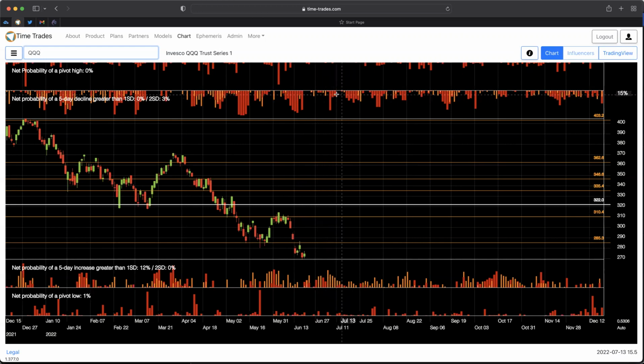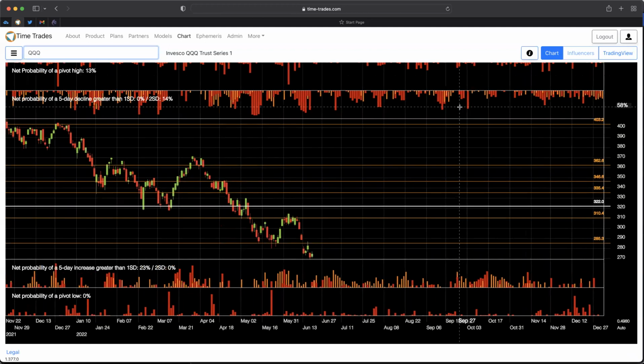So we can kind of see the waves of selling with these new, more detailed forecasts that are coming in, and we can see this cluster of potential pivot highs over here in late August, followed by some 2 standard deviation moves down in early September.